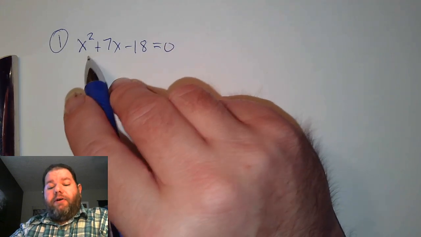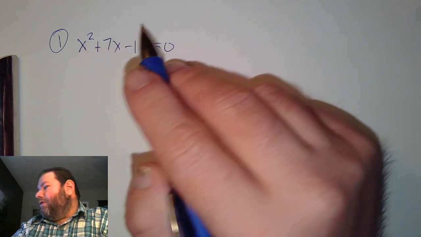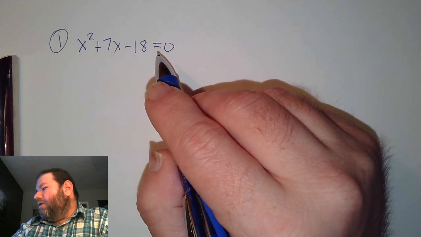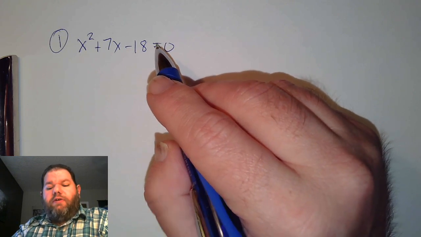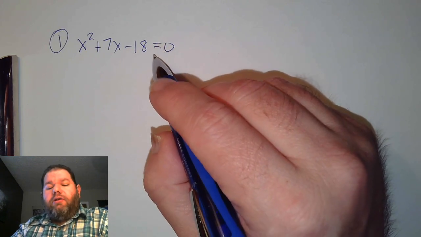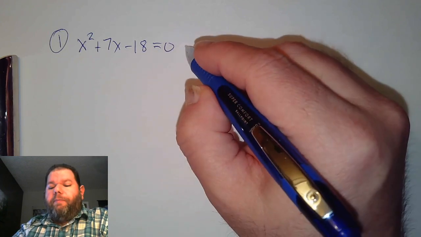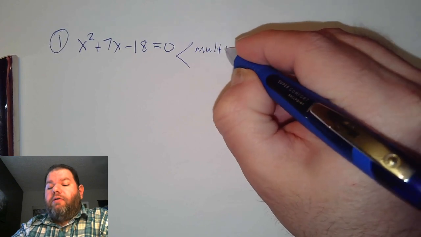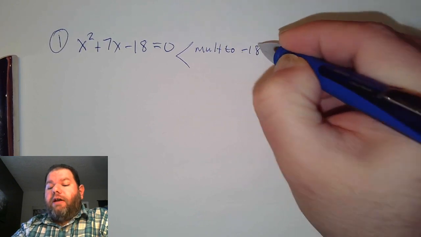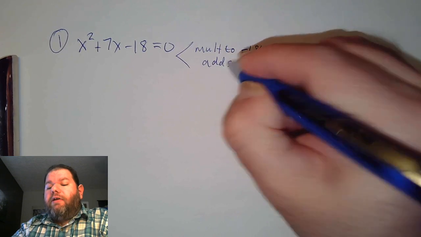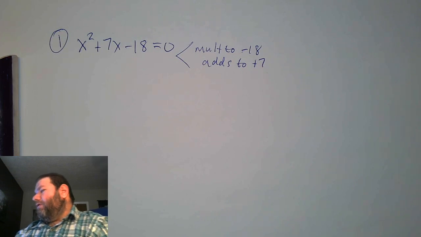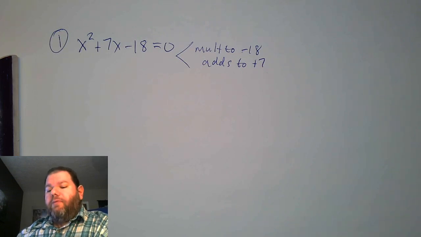Anytime we see the x squared here, some you'll actually need to use the quadratic formula, so not necessarily factorable. But for this one, if we look at what multiplies to negative 18 and what adds to plus 7 in the middle, can we think of a pair of numbers that works for that?